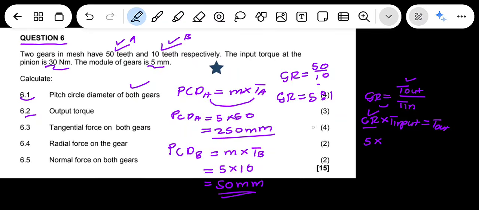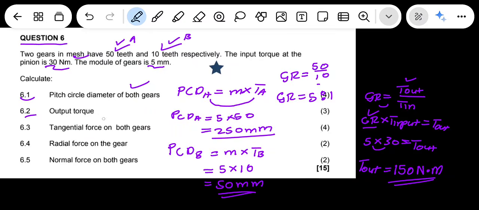The input torque we have been given is 30. So T out is equal to 5 multiplied by 30, which gives us 150 Newton meter. Torque is measured in Newton meter.